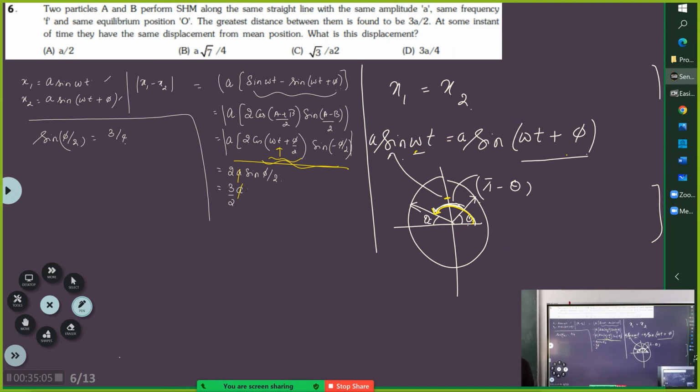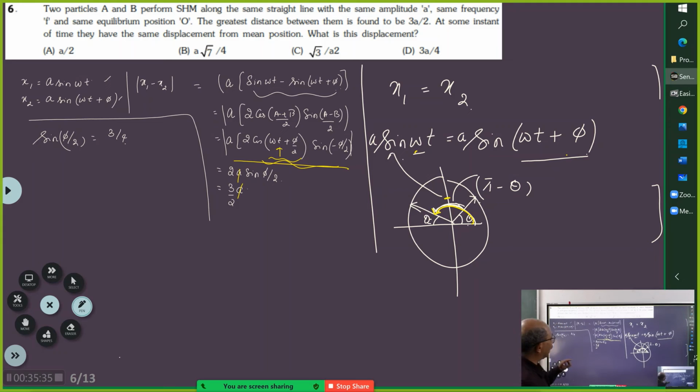Sir, that distance that we got earlier, 2a cos omega t plus phi by 2 and sine phi by 2, can't that be equated to 0? Because if they are at the same position, then the difference will be 0. You read the question carefully. Both the phasors are rotating, and for the maximum distance they have given, they have written that condition.